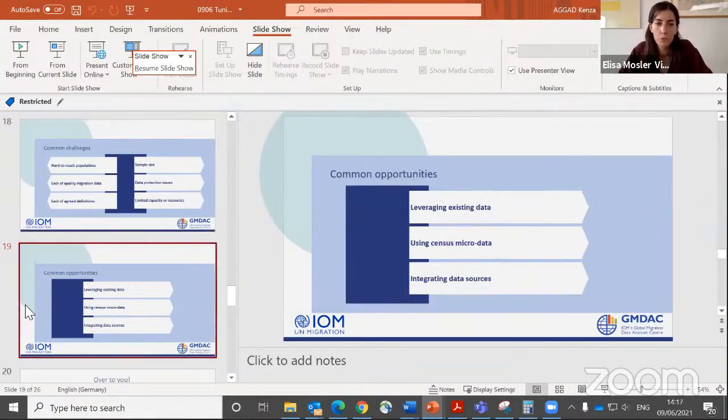So there are also a few opportunities, not only challenges. The first is really that there's a lot more data that is in fact already disaggregated by migratory status at the national level than it often appears at first glance. And one example of this is administrative data.